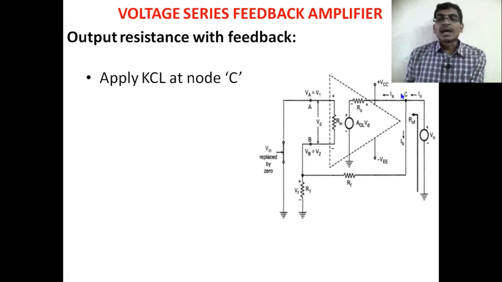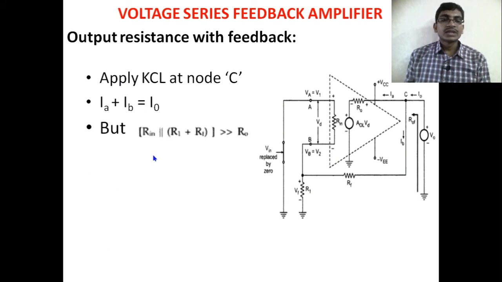If we apply KCL at node C, the incoming current for this node is only I0 and the outgoing currents at this node are IA and IB. Therefore, IA plus IB is equal to I0. Incoming currents are equal to outgoing currents.